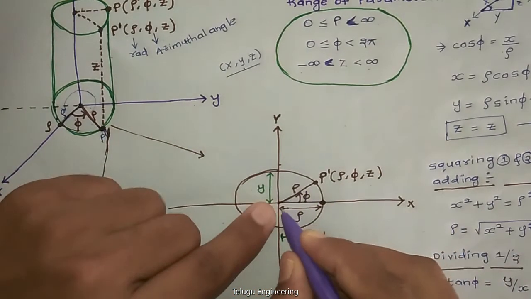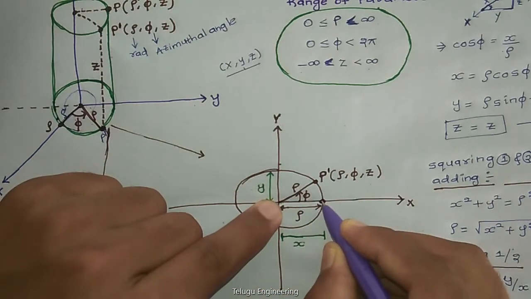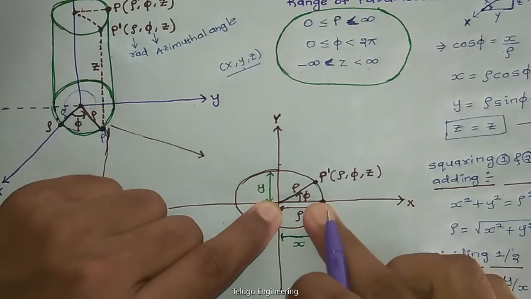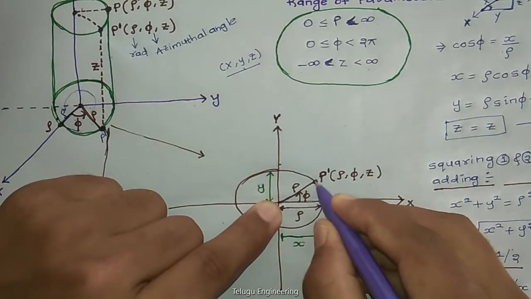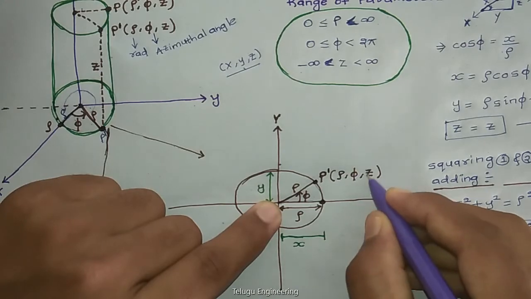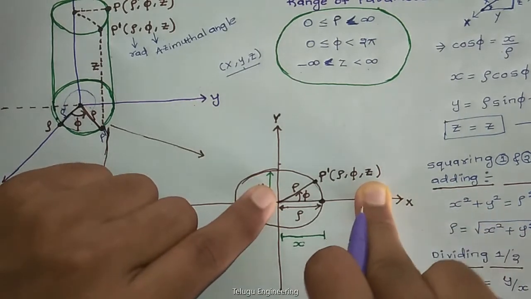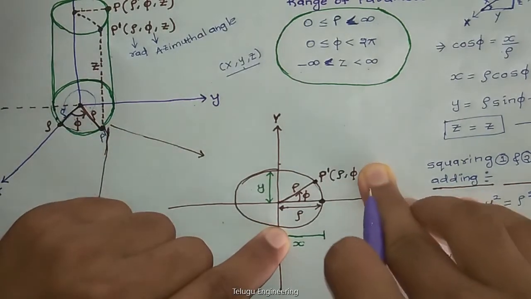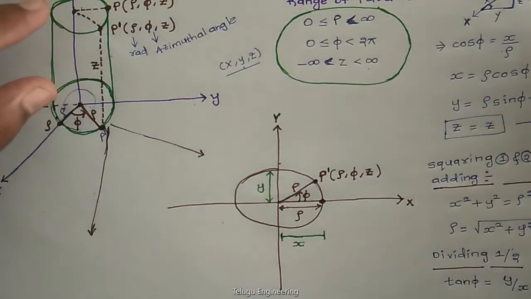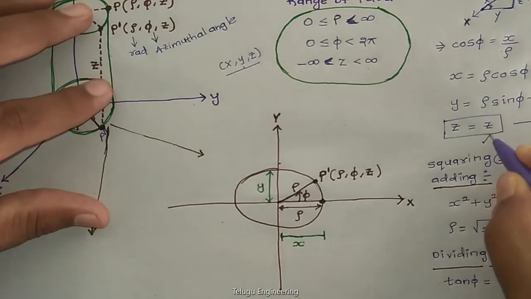Similarly, we have to move rho in this direction and then move phi in the xy plane. Here we get rho, phi, and we cannot represent this z because this is a 2D plane, but actually this z is always equal to the Cartesian z. That's why I told this first.